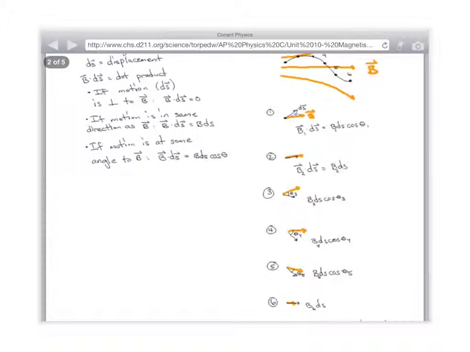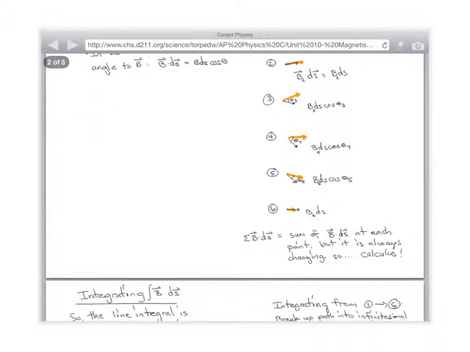And that'll give you some scalar number. What's b times length? I don't even know what that means, but it's a number, right? It's all your b's times all your lengths, times cosine theta. All right, fine. So that's how to calculate b dot ds.